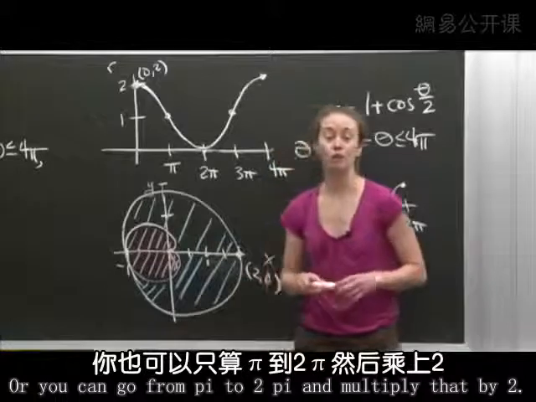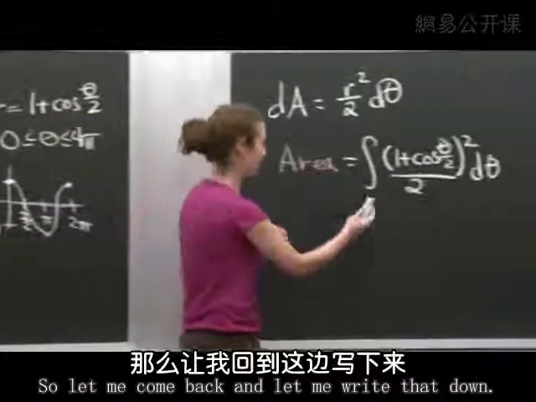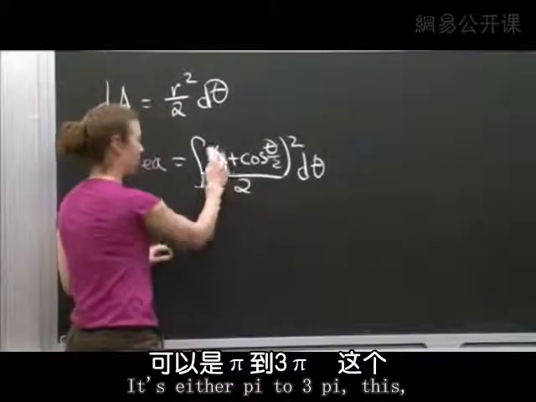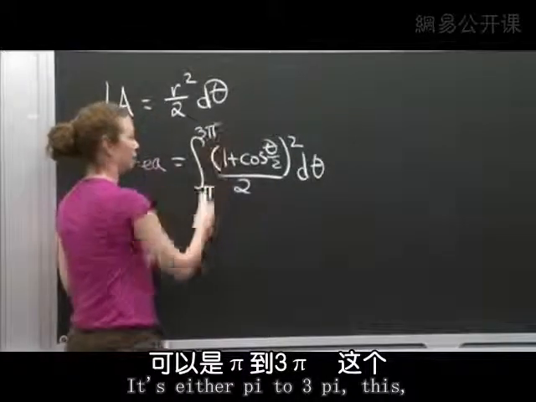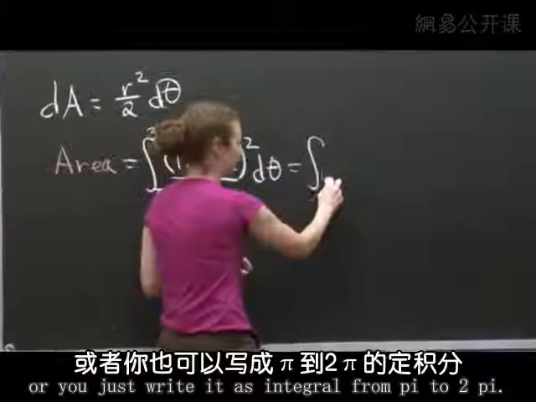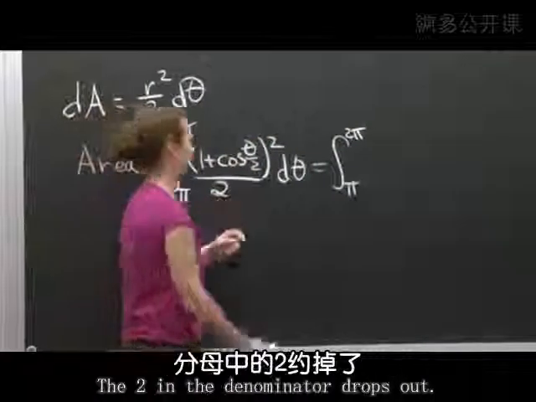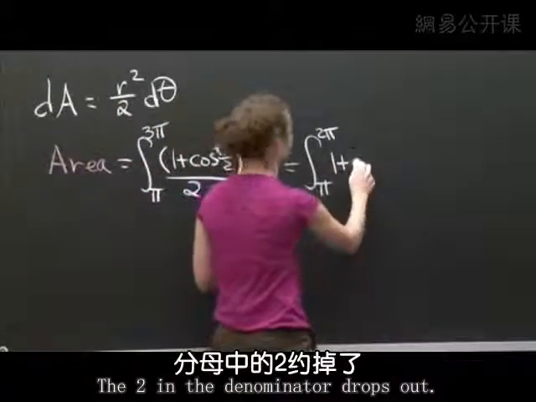Or you can go from pi to 2 pi and multiply that by 2. So let me come back and let me write that down. It's either pi to 3 pi of this, or you just write it as integral from pi to 2 pi. And if I multiply this by 2, the 2 in the denominator drops out.